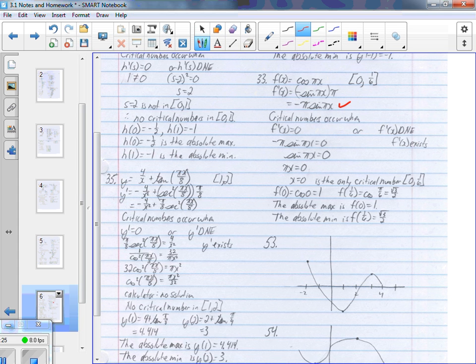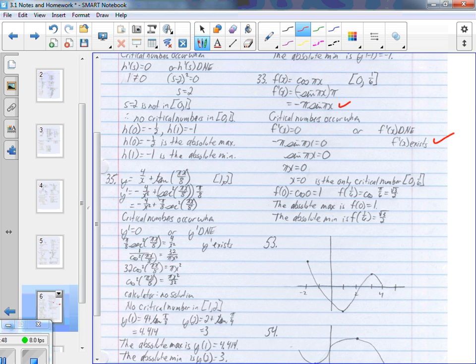So critical numbers occur when f prime of x equals 0 or f prime of x does not exist. Well, the sine of pi x exists. Therefore, negative pi times the sine of pi x exists. So the derivative always exists because the sine always exists. Okay? So, no critical numbers there.